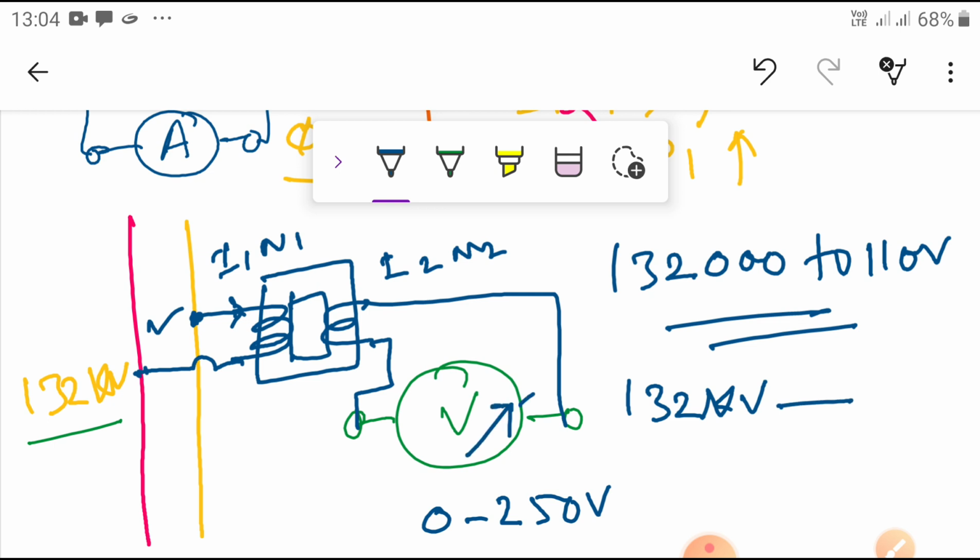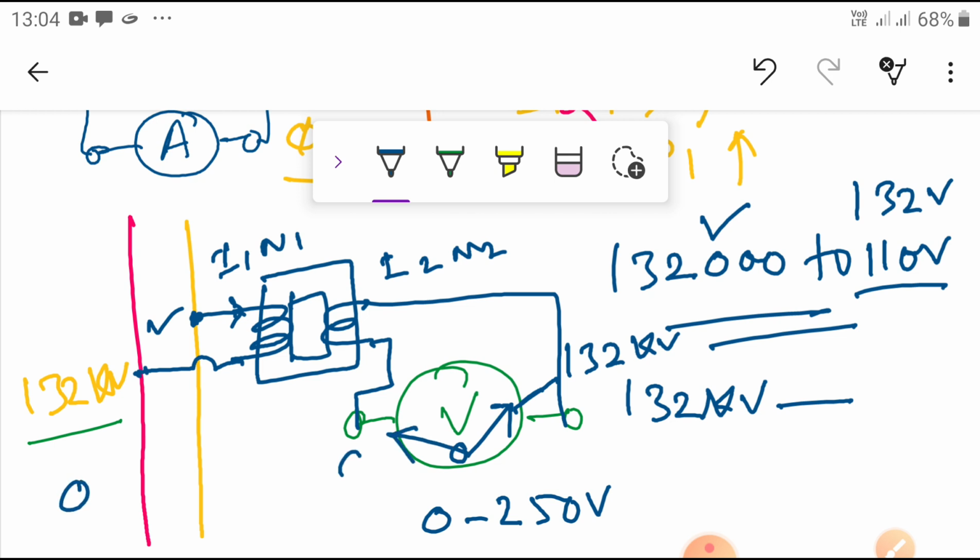So what is the secondary voltage that comes? 132 kV by 110 volts, or we can say 132 volts. Whenever there is 132 kV in the primary, it induces a voltage of 132. Once 132 volts comes, the deflection is maximum, and in that case I can show 132 kV. I calibrate it so that once the voltage is 0, it indicates 0 initially.